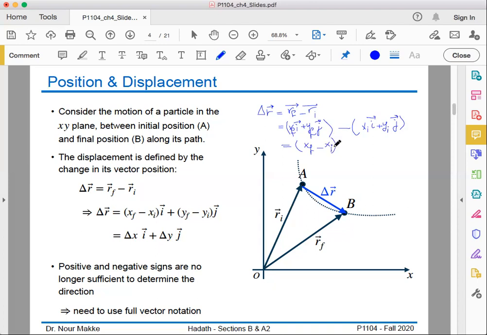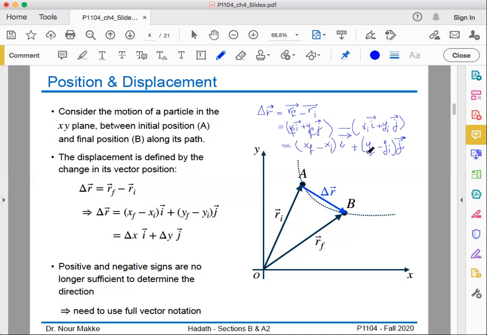This difference between the two variables is along the x-axis because they both have the unit vector i. And then we can write down plus Y final minus Y initial along the y-axis, so it is times j.